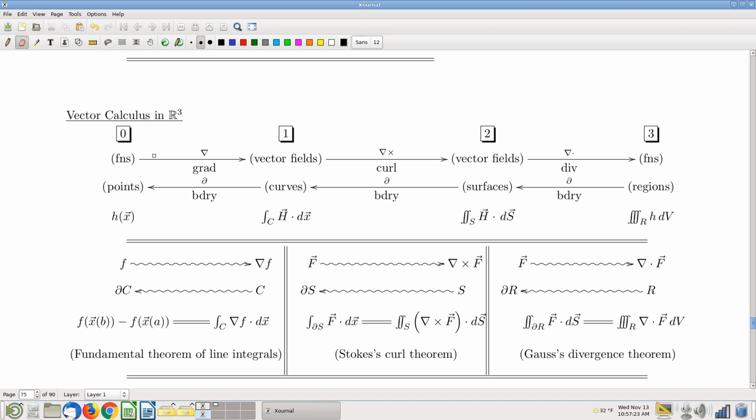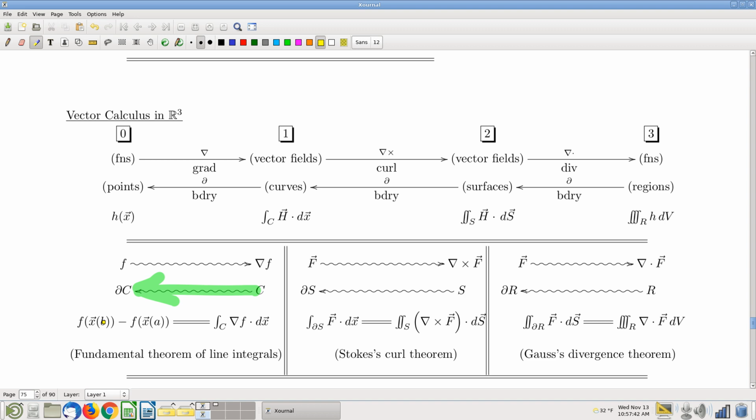So in 3 dimensions, here was the diagram chase for the fundamental theorem of line integrals. We looked at a curve, we looked at its boundary points, and we evaluated some function on those boundary points.